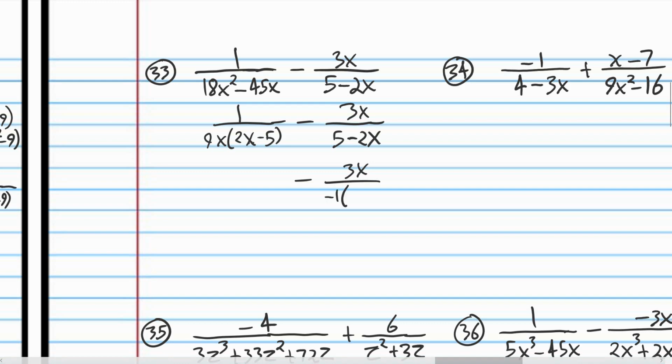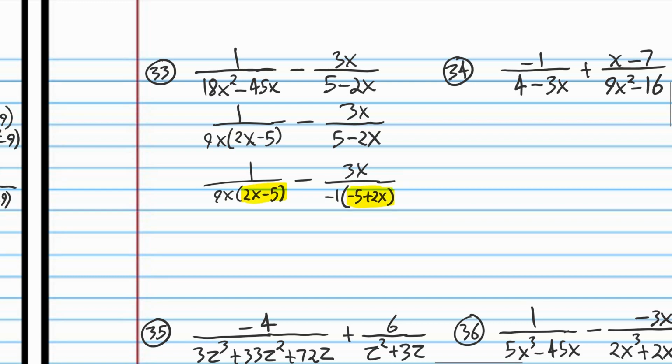So I'm going to factor out a negative. And again, it may not look like it, but now this factor is the same as this factor. The terms are just rearranged. You could rewrite this as 2x minus 5. It's the same thing.